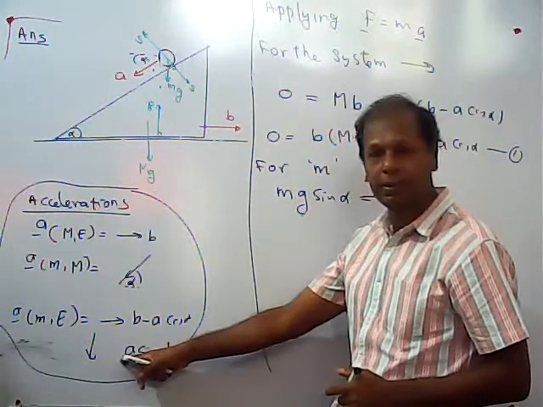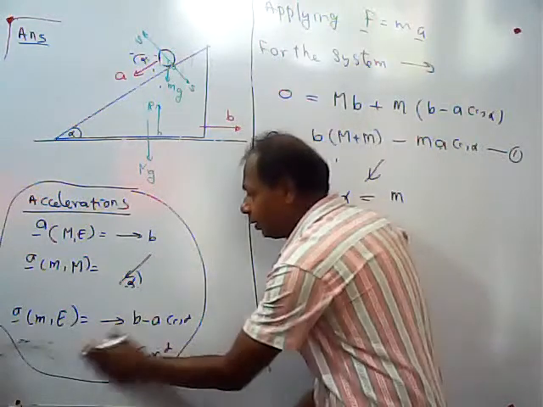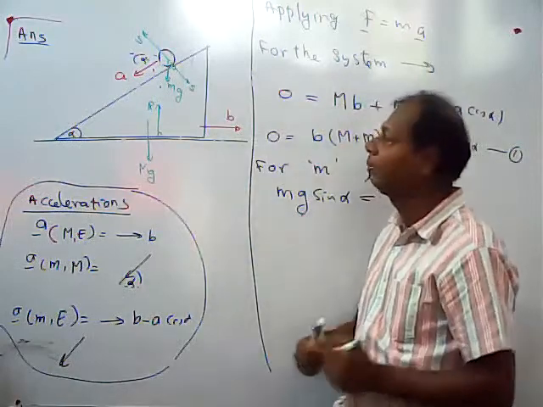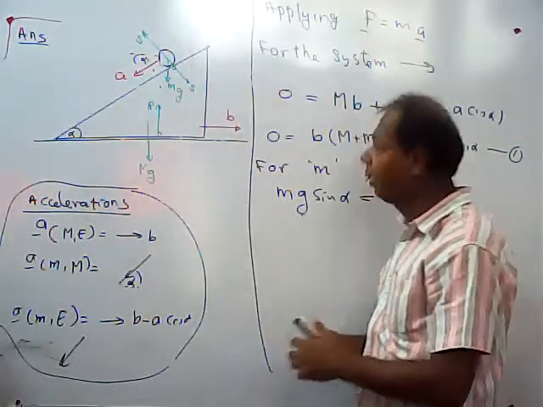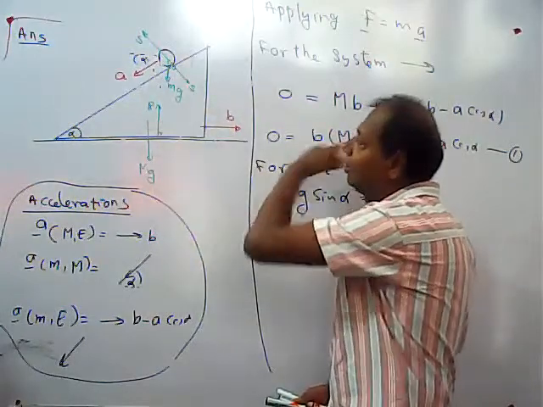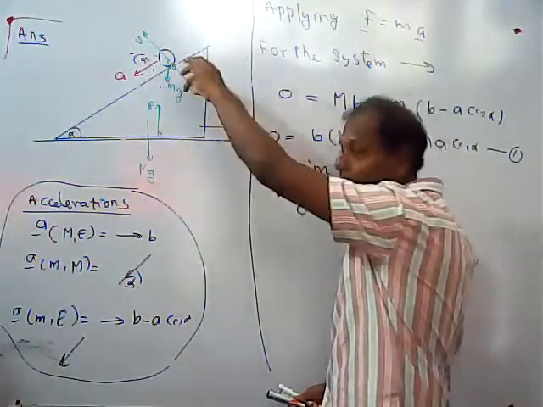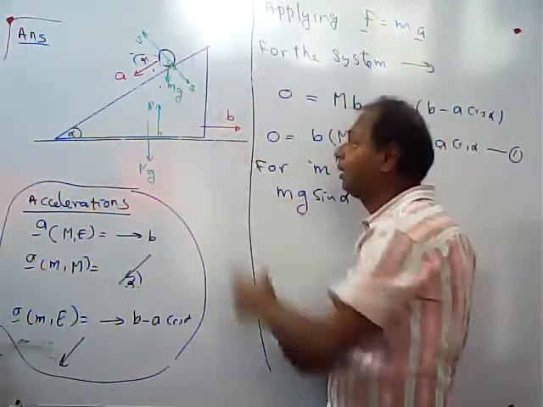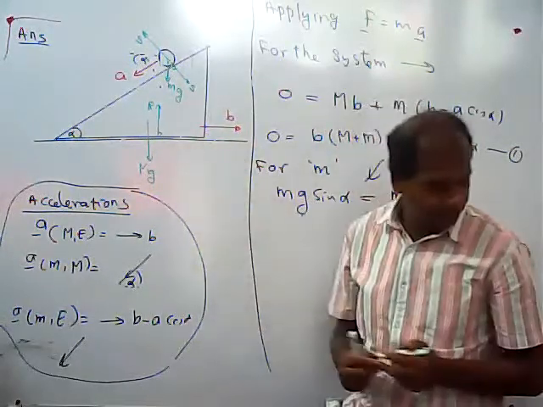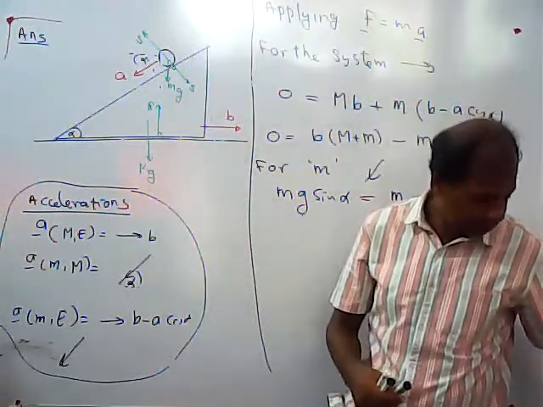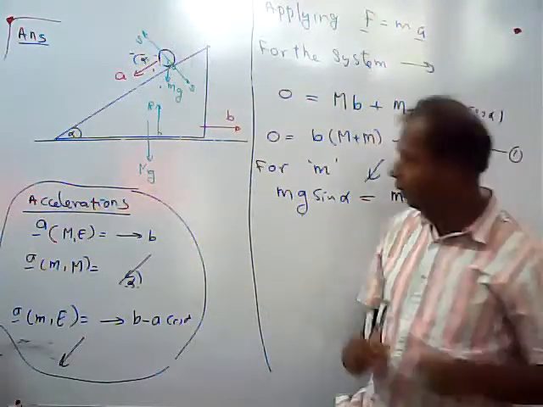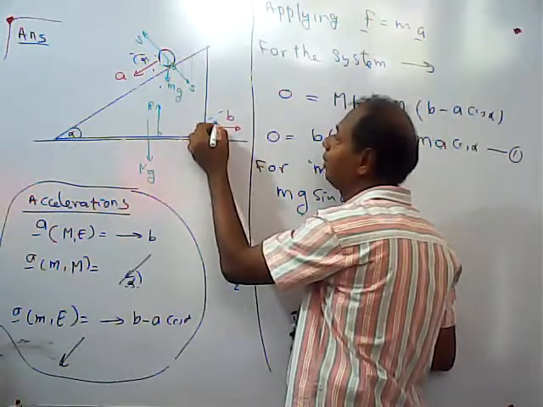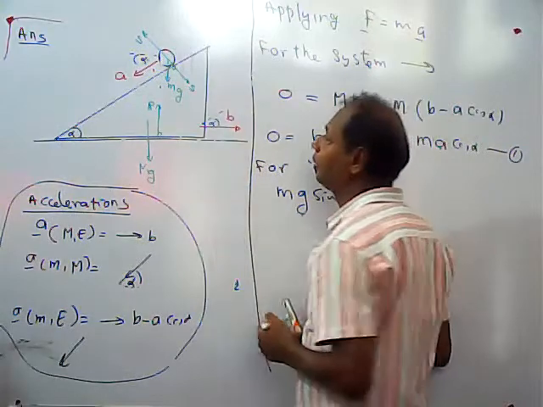Down the plane it will be a, and the wedge is moving in this direction, taking the particle also. So this particle will also experience this acceleration B. The component of B in our selected direction is B cos alpha, right?